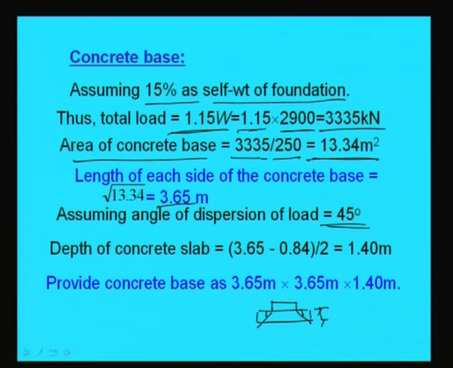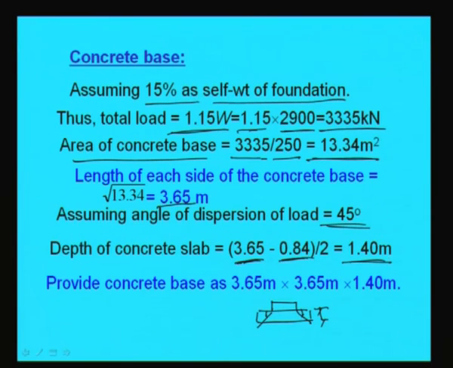So depth of concrete slab will become say 3.65 minus 0.84. This is the length of the concrete base and this is the length of the base plate. So this by 2, that is depth of concrete slab will become 1.4, right.